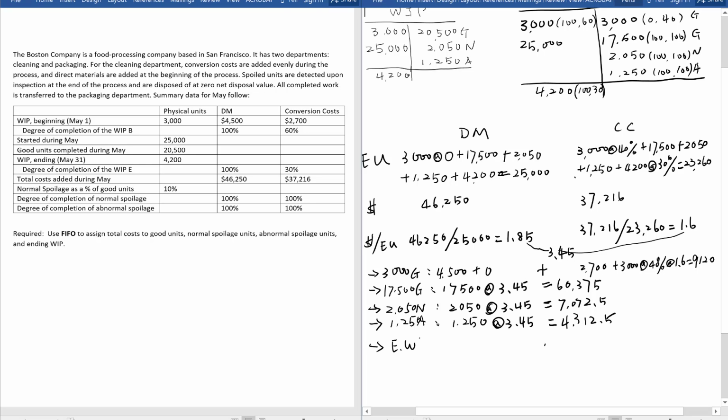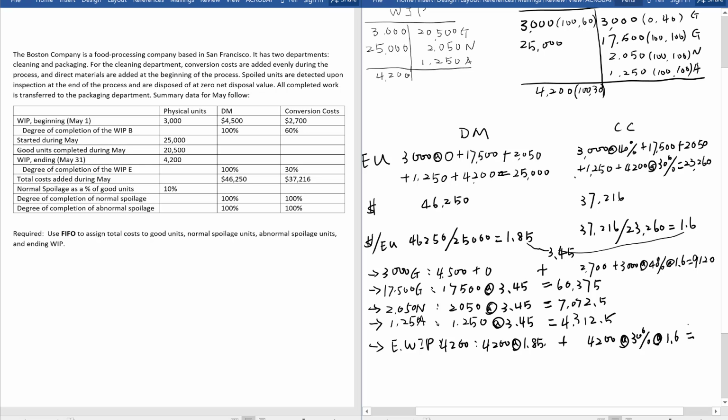Costs assigned to ending work in process, that's 4,200 units, are direct materials amount 4,200 times 1.85, plus conversion costs amount 4,200 times 30% equivalent units times conversion cost per unit 1.6.